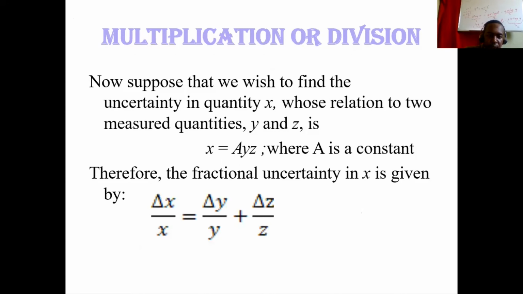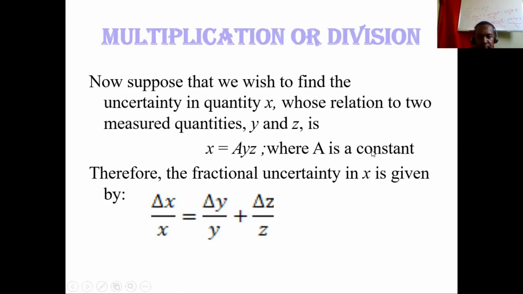So let's look at the case of multiplication or division, which is the same, right? In multiplication, we use what is known as fractional uncertainty, which is the uncertainty of the value divided by the actual value of that quantity. So in this case, we have x equals AYZ, where A is a constant.